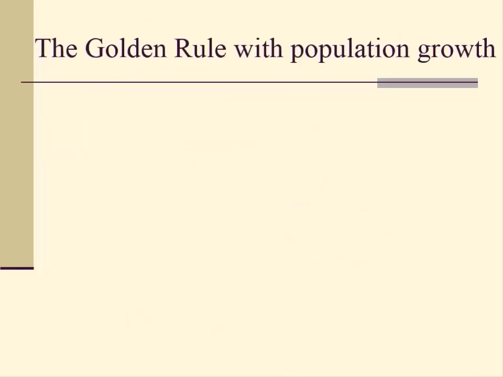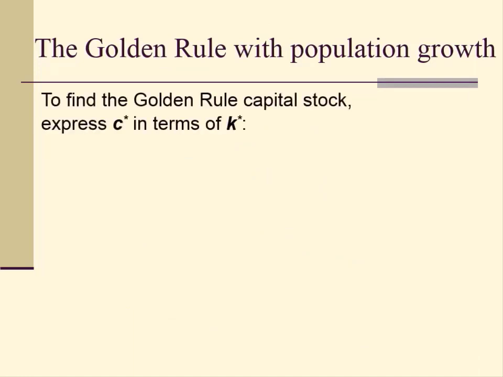Now, to find the golden rule level of capital stock per worker, we can express c star in terms of k star. So c star equals y star minus i star. Here I substitute f of k star for y star, and instead of i star, I substitute delta plus n times k star.